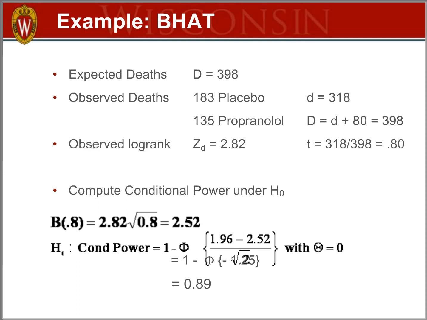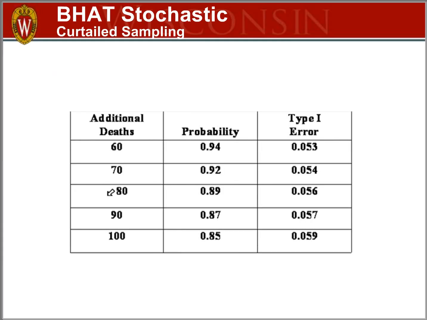So under the null hypothesis that there was really no difference in propranolol versus placebo, I can compute the conditional power quite simply to be 0.89. That is, the chance of being successful, even if the rest of the way the therapy is not beneficial, is still almost 90%. So there's very little chance of not having the same answer if we continued or we stopped now. I've plotted this for alternative numbers of deaths, and you can see the probability remains quite high, and the effect on the type 1 error is quite modest.